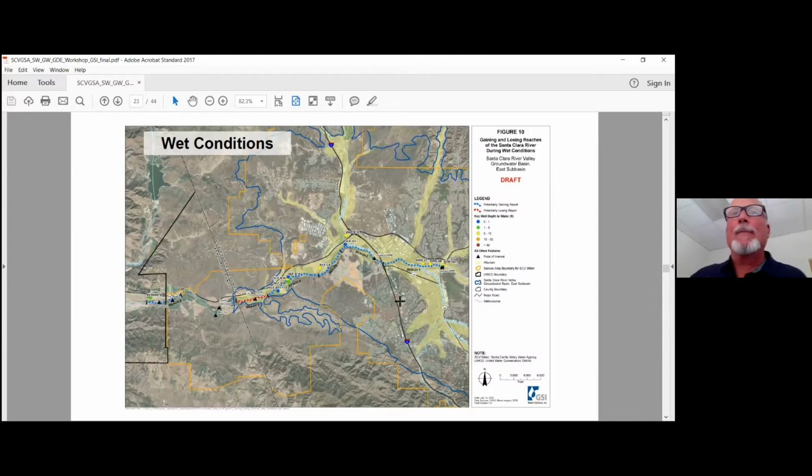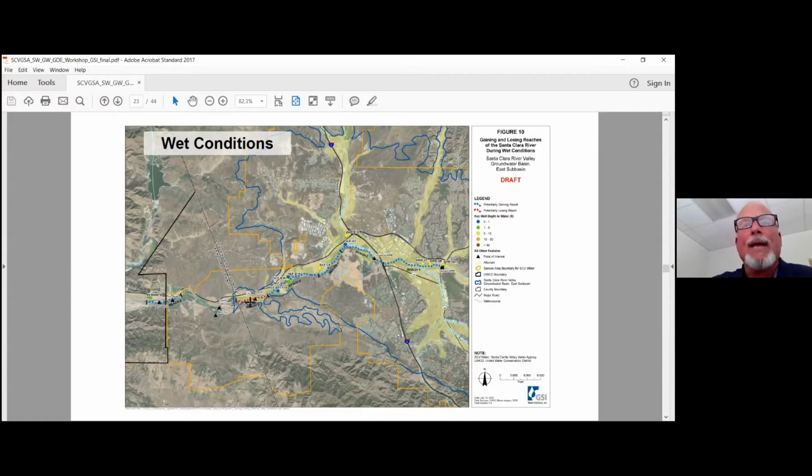And so during the wet conditions, we believe the river is predominantly gaining throughout most of its length in the basin here, with the exception of this area, which we call Reach 5, just down at and downstream of Potrero Canyon.